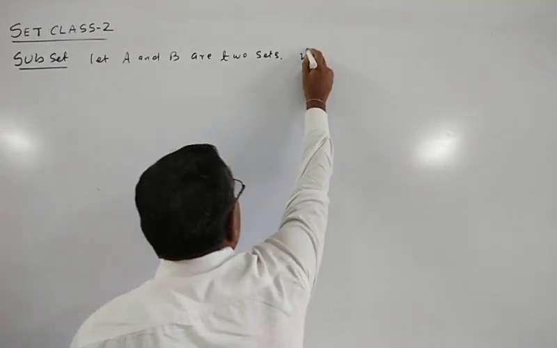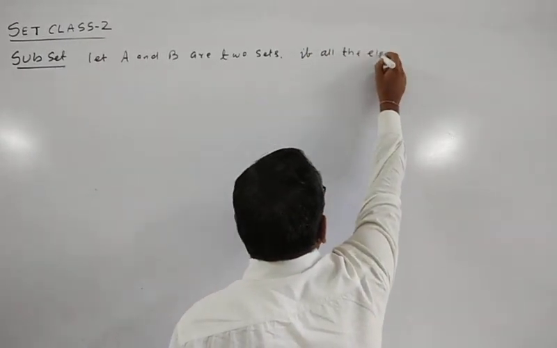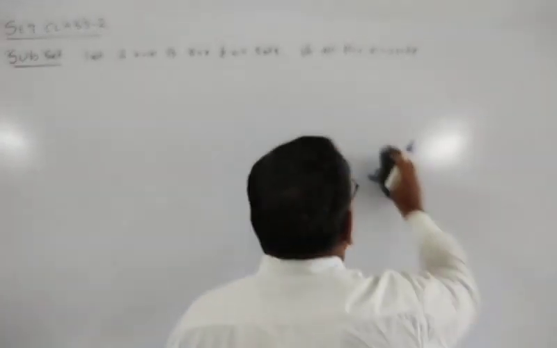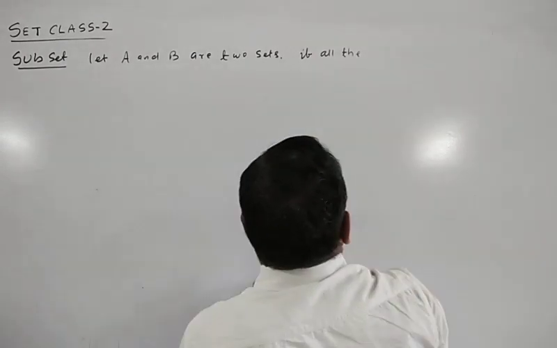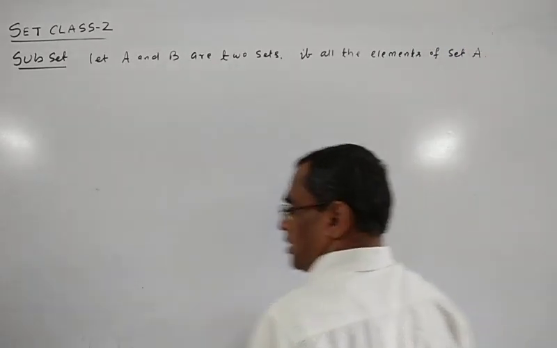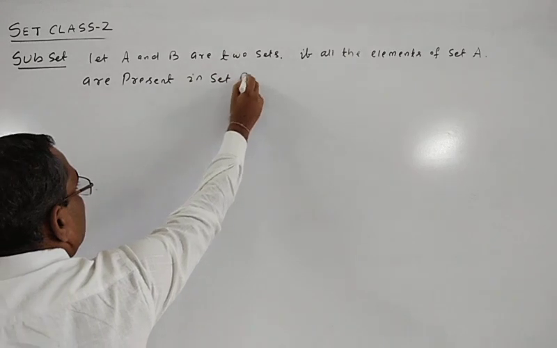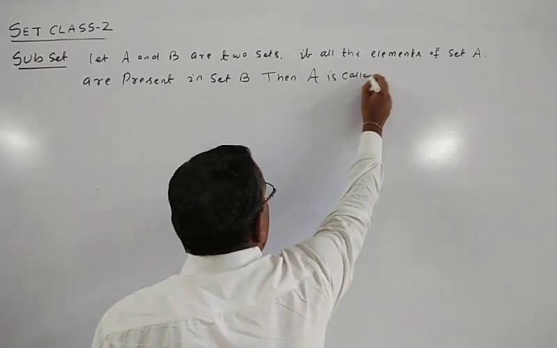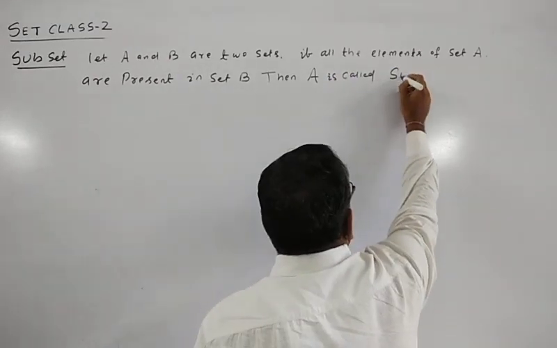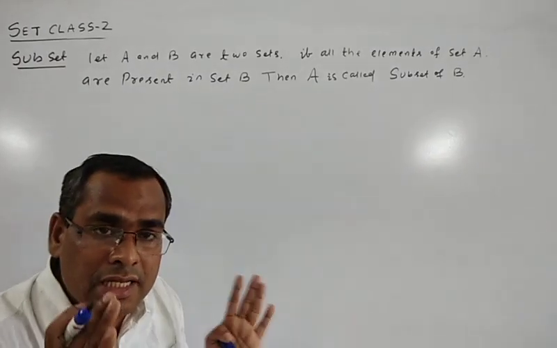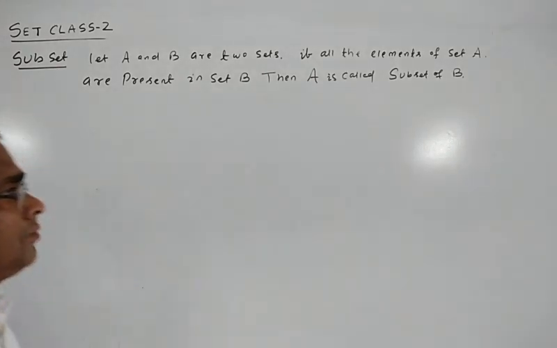If all the elements of set A are present in set B, then A is called a subset of B. So if all the elements of set A are present in set B, then A is called a subset of B.